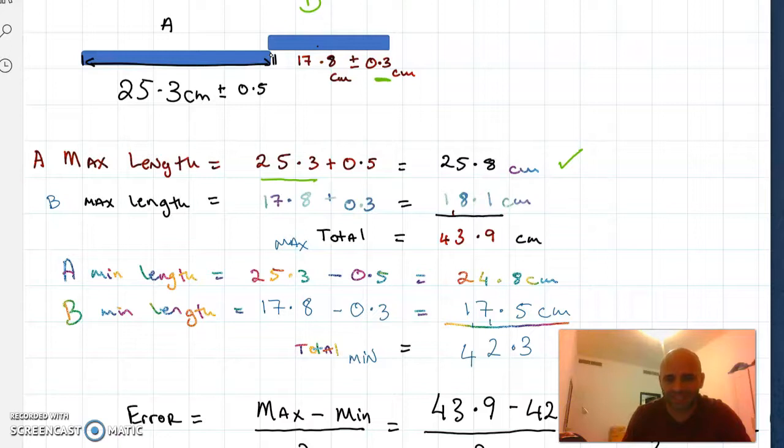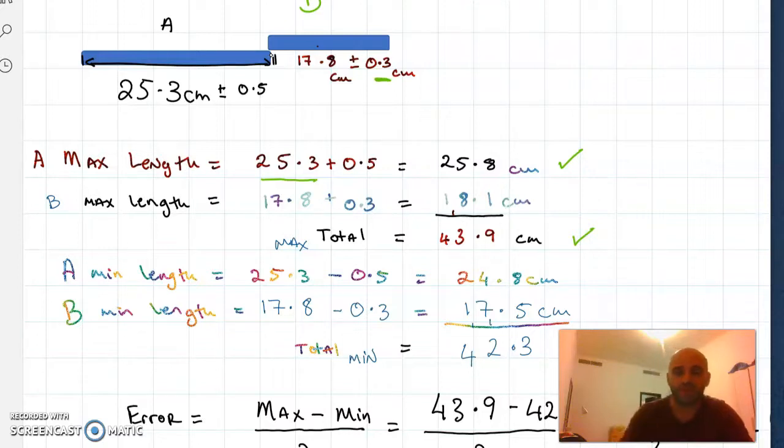Maximum length of B is slightly less. It was 17.8, and we've only got 0.3 centimeters of error in this one, so the maximum length of this one could be is 18.1. So if you work out the total maximum, it works out to be 43.8 centimeters, okay?